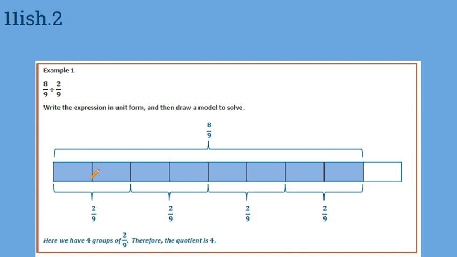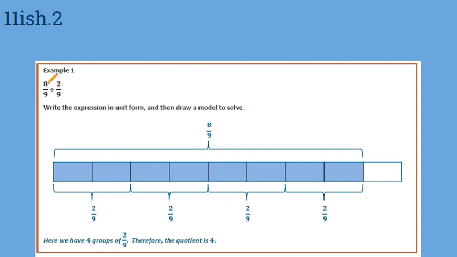This was 8 ninths. If this had been the whole number 8 divided by 2 ninths, we would have taken that 8 and split all of it up into ninths and then found out how many groups of 2 were in there. But that's not what it's saying here.